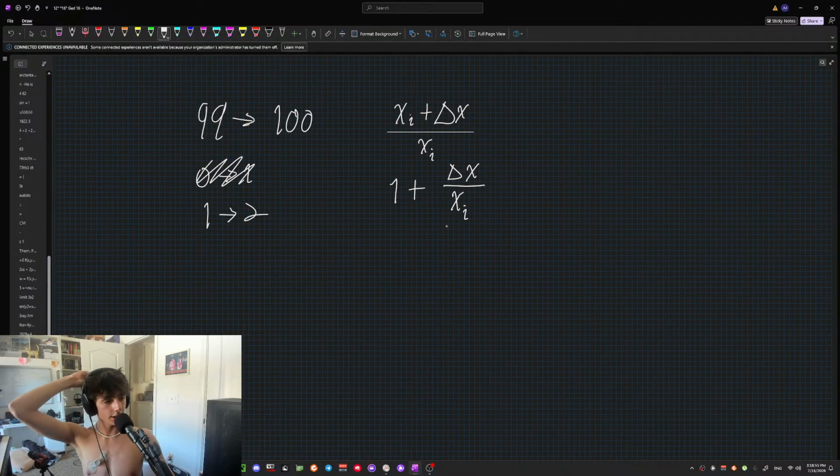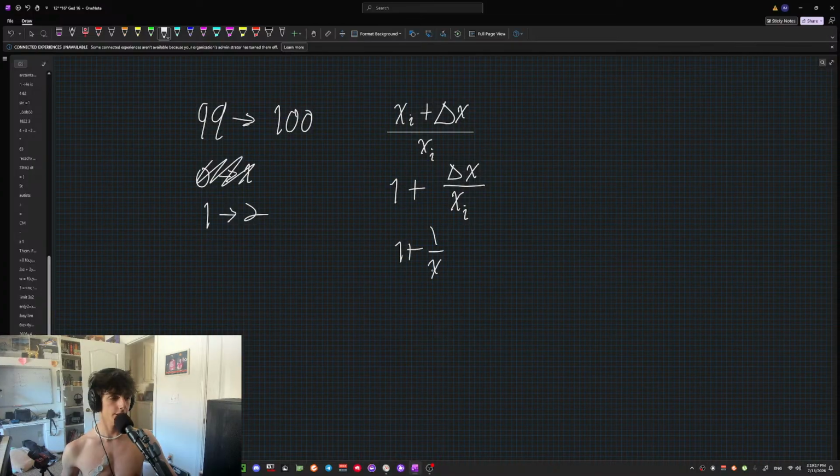Now, let's say we're going in steps of 1. Then delta x would be 1, and we're turning this into a function. That's 1 plus 1 over x. That's how we perceive the difference in things. So if I pull up Desmos here, why is that capital?